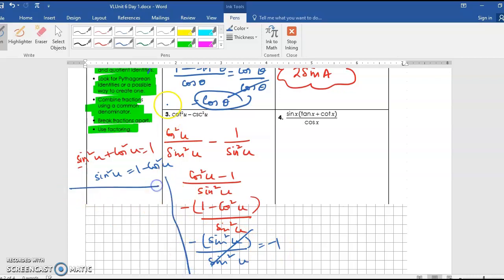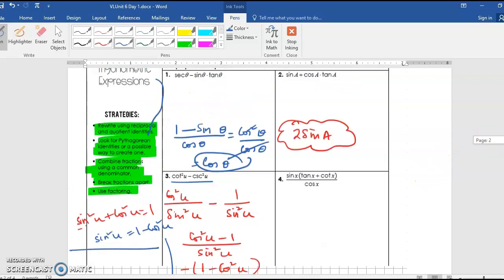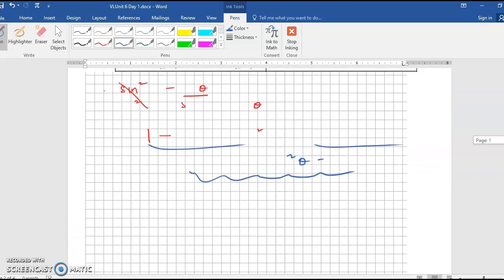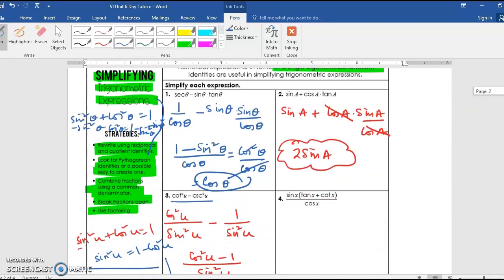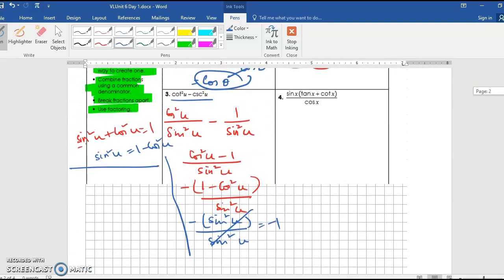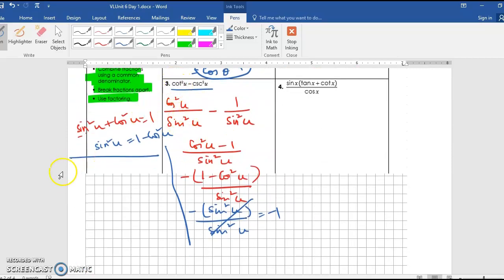Alternately, you can also do this with our other formula here. What was the other formula with cot square? We had 1 plus cot square theta is cosecant square theta. You can directly use that. You don't have to go through this longer route. You can actually write cot square theta as cosecant square theta minus 1. So let me write the question once.